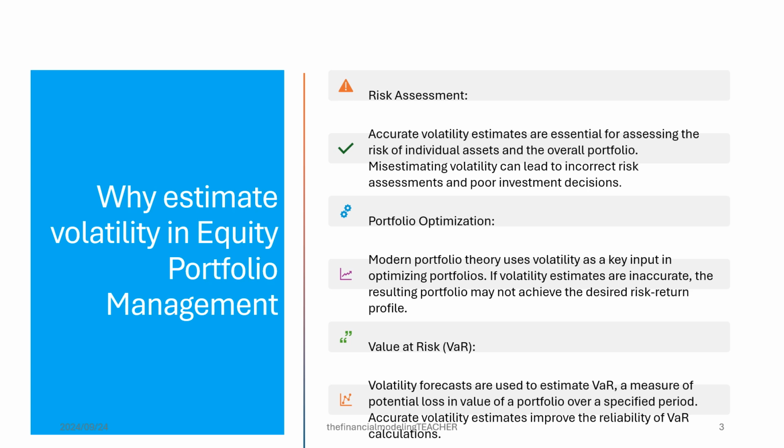Now, the second one is portfolio optimization. Modern portfolio theory uses volatility as a key input in optimizing portfolios. If volatility estimates are inaccurate, then it means the resulting portfolio may not achieve the desired risk-return profile.